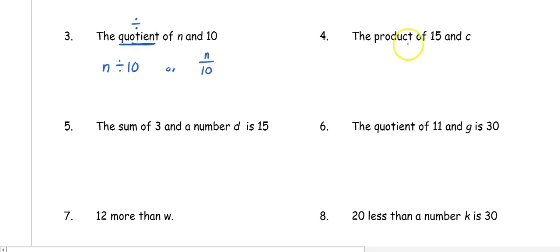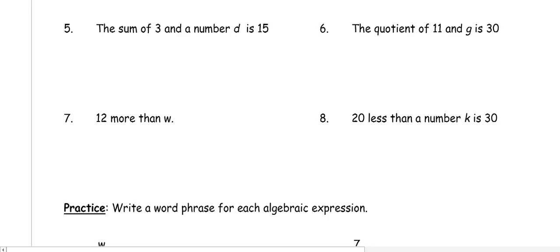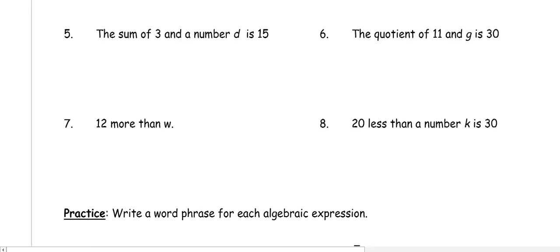Number 4, product is multiplication. Now, for multiplication, we're going to get away from using an x, and we're going to use a dot, or we can even just write them next to each other. So you can write it like that, or if you want, you can have 15 dot c. Number 5, the sum of 3 and a number d is 15. So sum, again, is addition. Remember this word is equal.